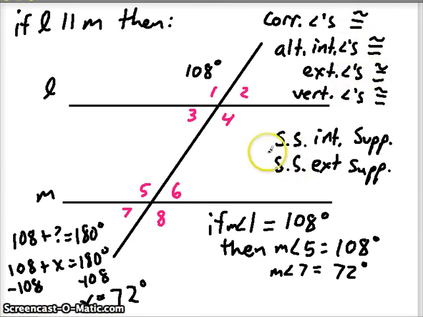If you find that they are same side angles, whether they're interior or exterior, then they are supplementary. That means they add up to 180 degrees. Alright, this is a quick overview of the 5 types of angles created by two parallel lines cut by a transversal. If you ever see this diagram, these are the relationships that happen.